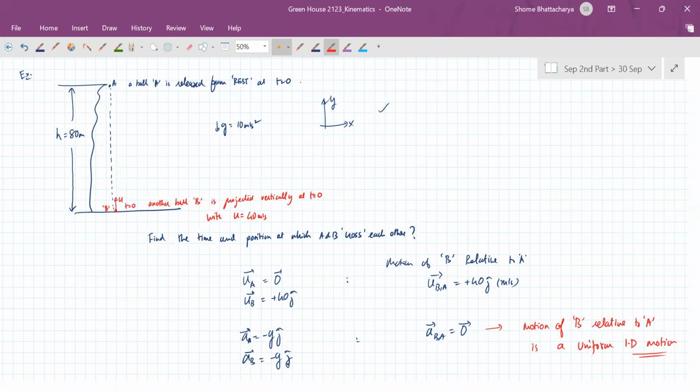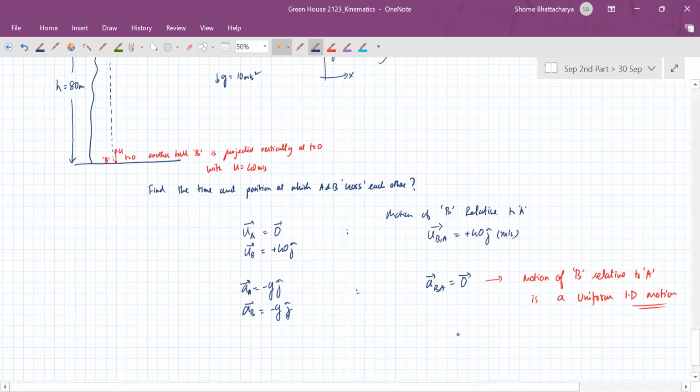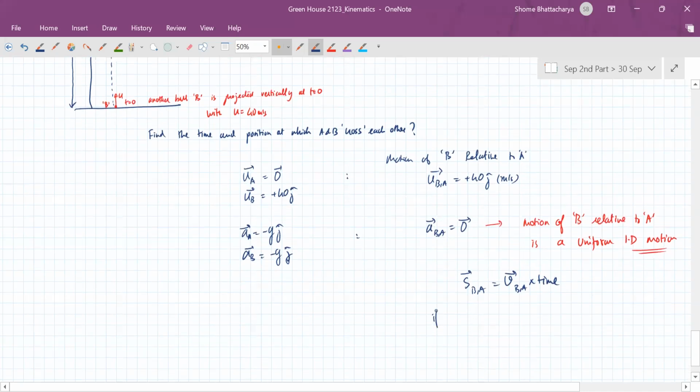So the displacement of B relative to A will be this uniform velocity into time. So suppose they collide at time capital T, then the displacement of B relative to A should be 40 T j cap. And you will see that this should become equal to 80 j cap.